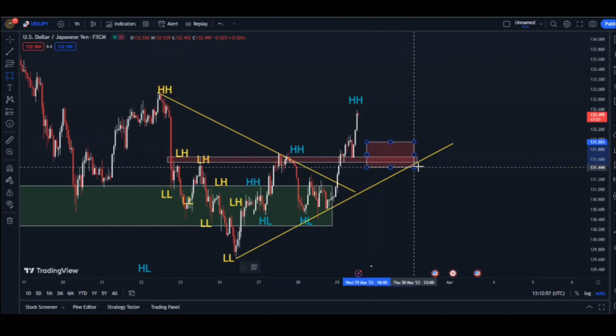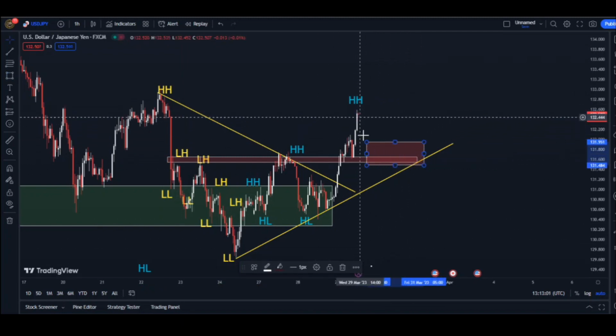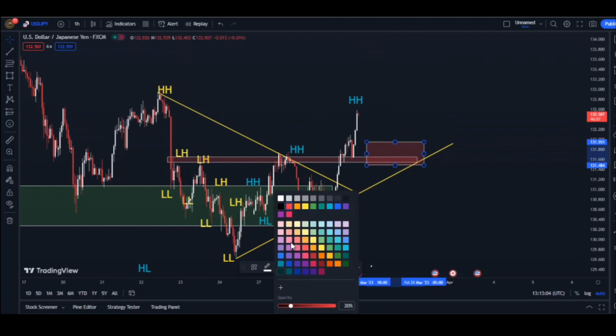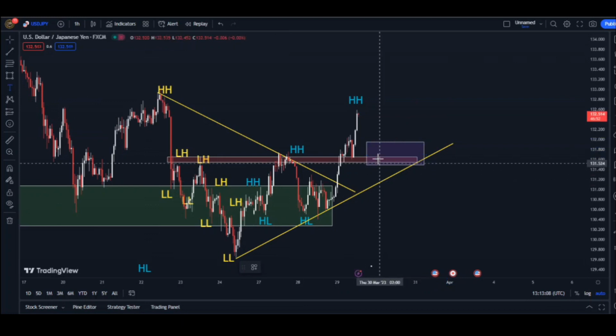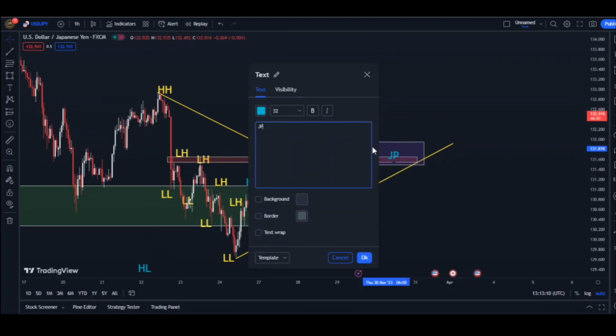I want to look at this level as my high probability trade zone, meaning I want the market to react to this level prior to my entry, right? So this will be my HPT zone. HPT stands for high probability trade zone.